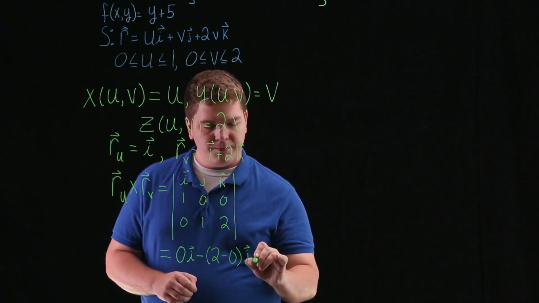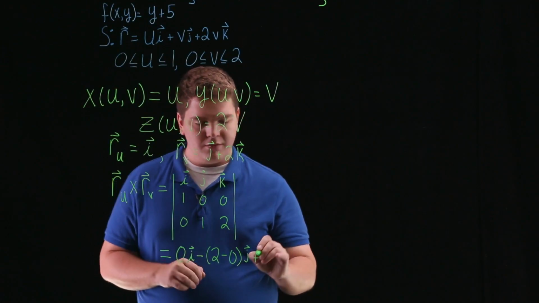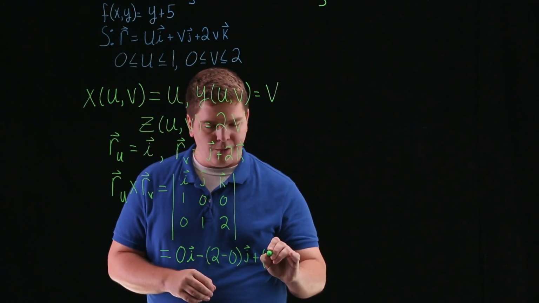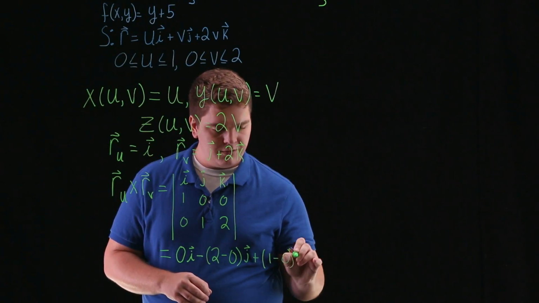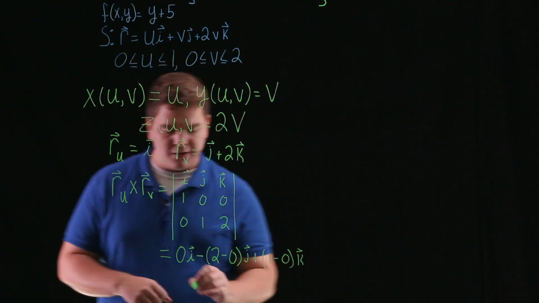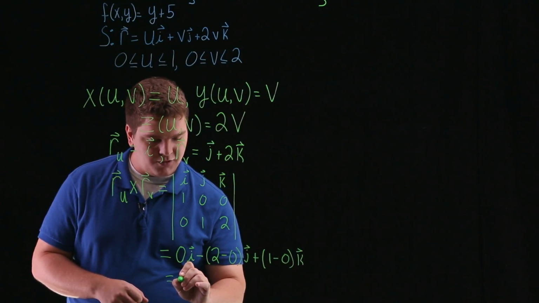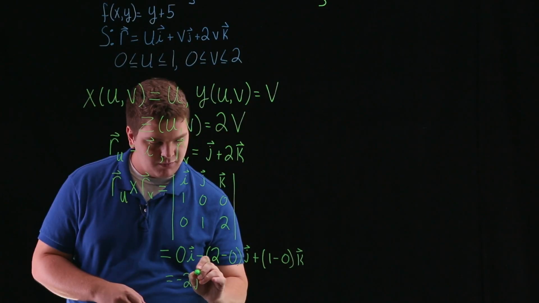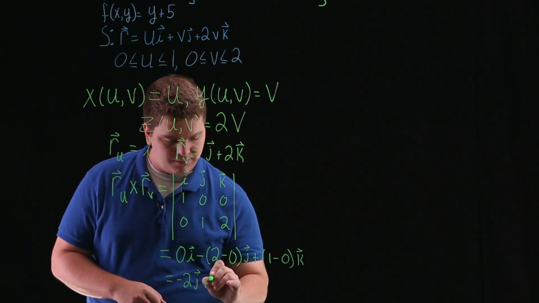And for the k part, we have 1 times 1, which is 1, minus 0 times k. So this cross product is equal to negative 2j plus k.